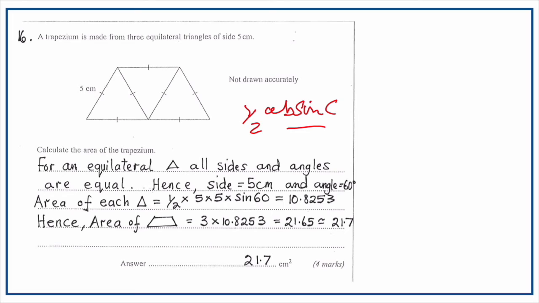And the area of the trapezium, which is represented by 3 equilateral triangles, equals 3 times 10.8253 equals 21.65, which is approximately 21.7. So the answer is 21.7 centimeters squared to 3 significant figures.